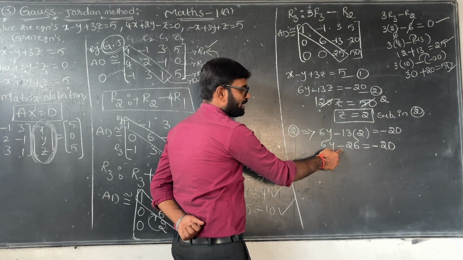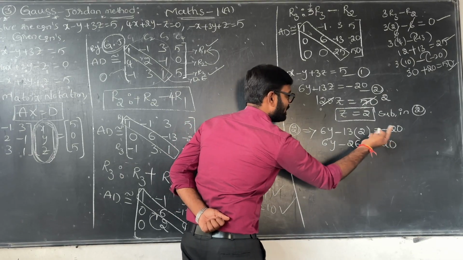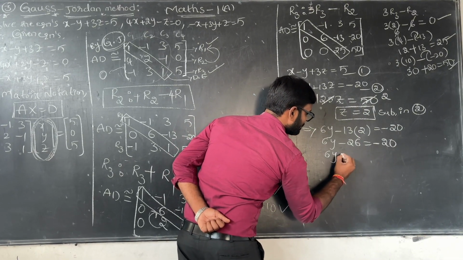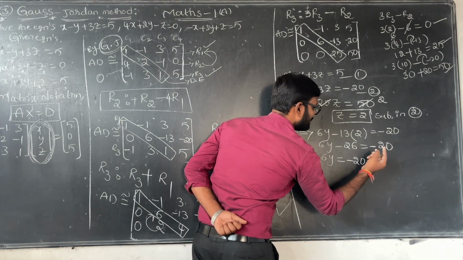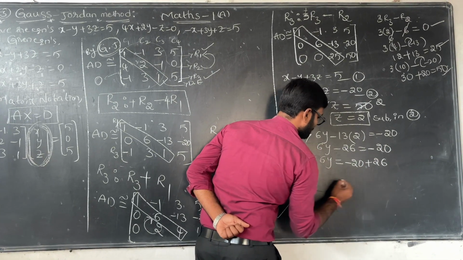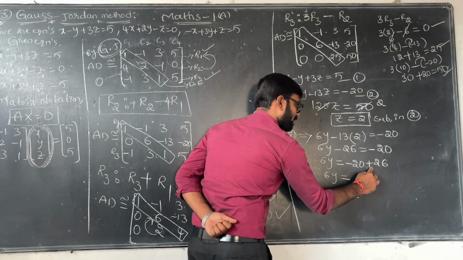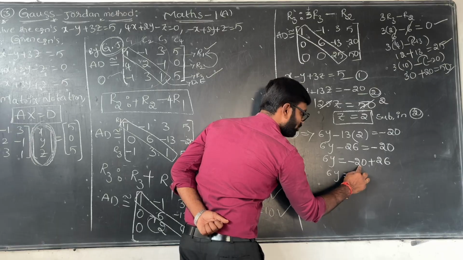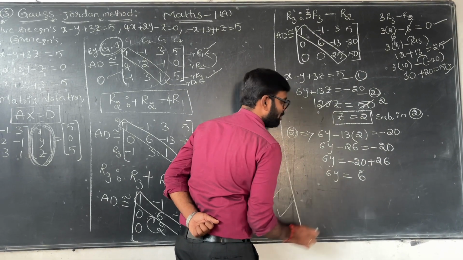In this linear equation, we want the value of y, so take the constant to the right side. 6y is equal to minus 20 minus 26, taking it to the right side, plus 26. 6y is equal to minus 26 plus 20, which gives 6, and the highest term's sign is plus.